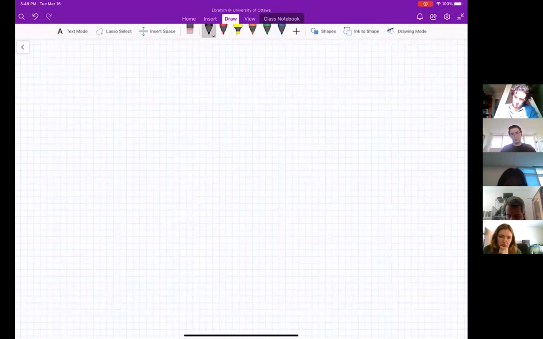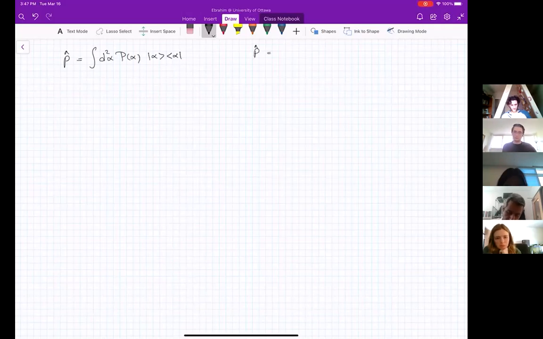So remember that we had rho, and we just used them. For one case of quasi-probability distribution, it was d to alpha P of alpha, and then we had alpha alpha. Remember, this is nothing more than one of the quasi-probability representations that we had. We say that rho can be written as integral of d to alpha, W of sigma of alpha, and then we had T of sigma of alpha.